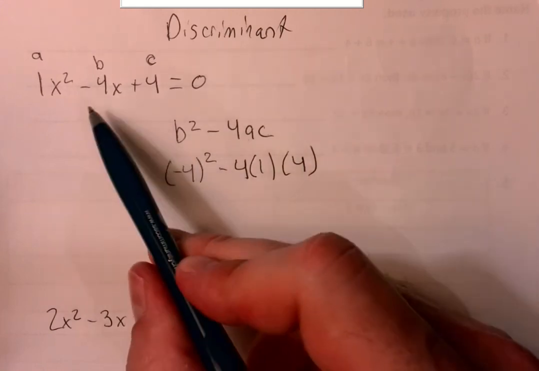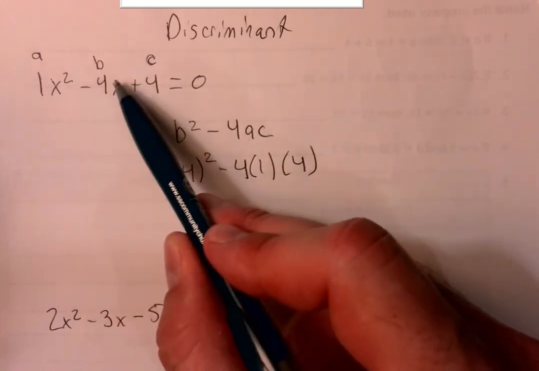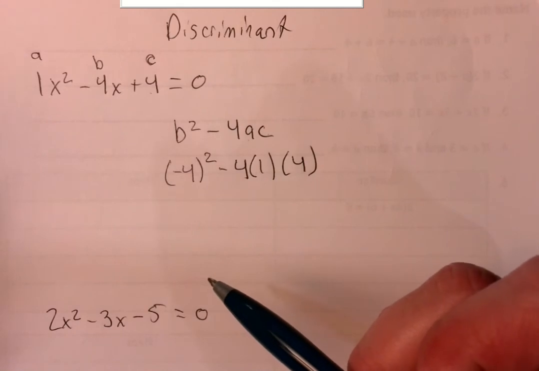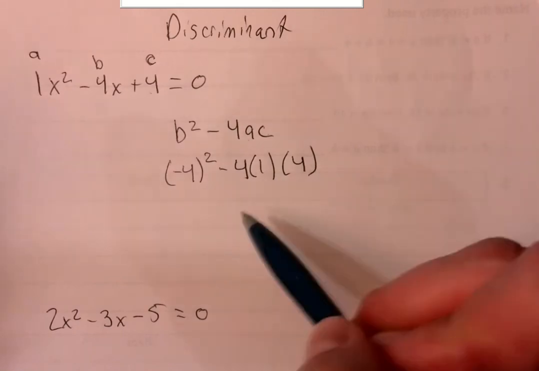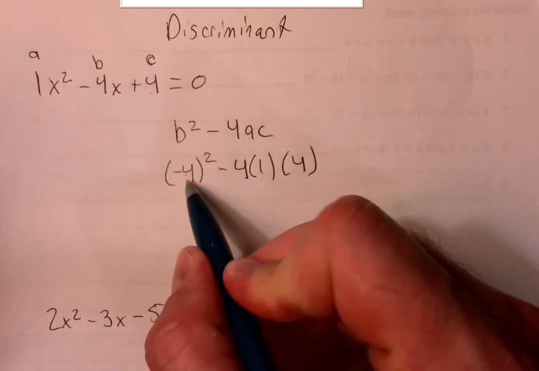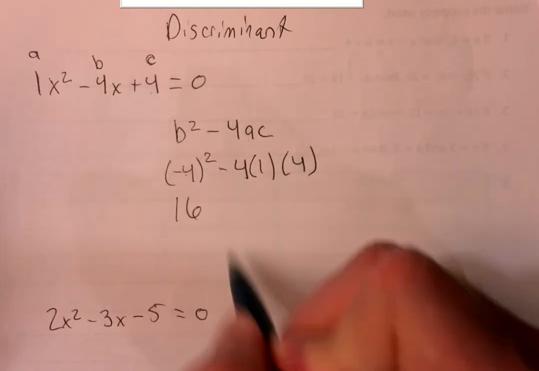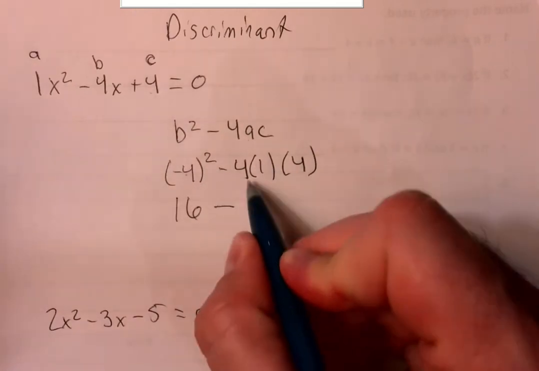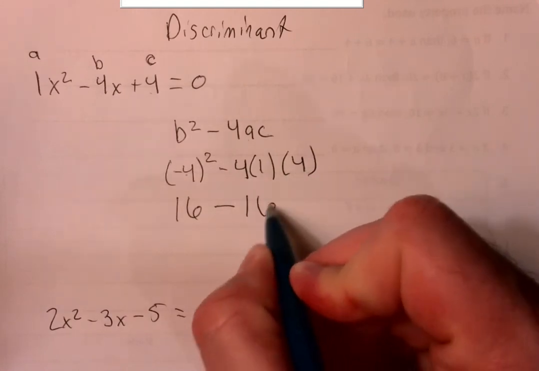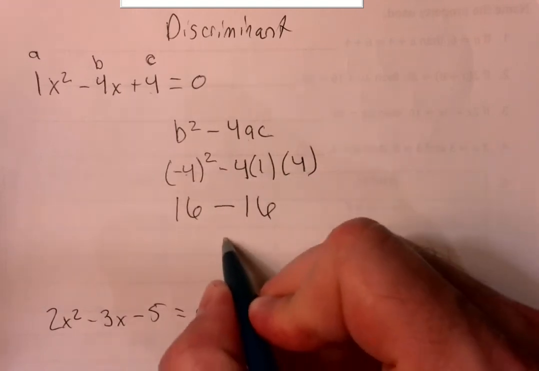So notice I'm just plugging in the values a, b, and c into the problem that way. Now you can plug this into the calculator, or you can just simplify it like this. -4 squared, so -4 times -4 is 16, minus 4 times 1 is 4, times 4 is 16. 16 minus 16 is 0.